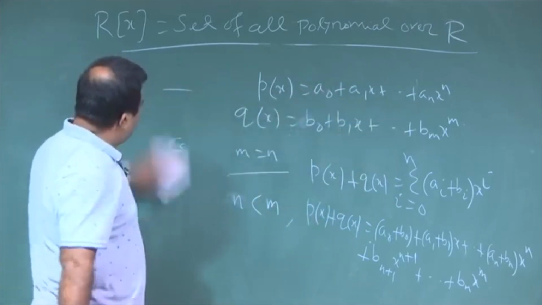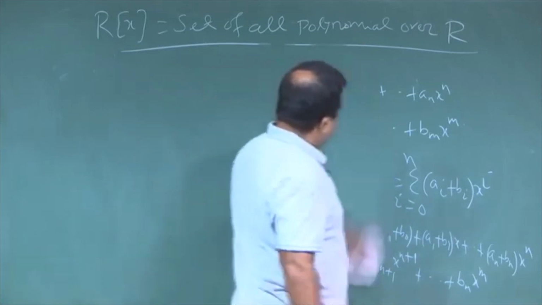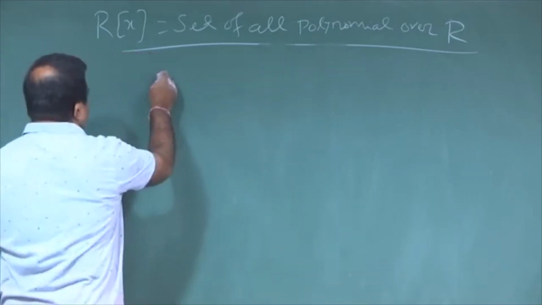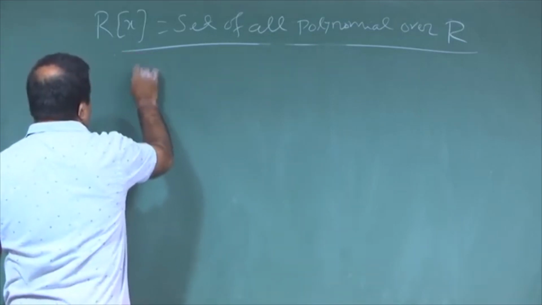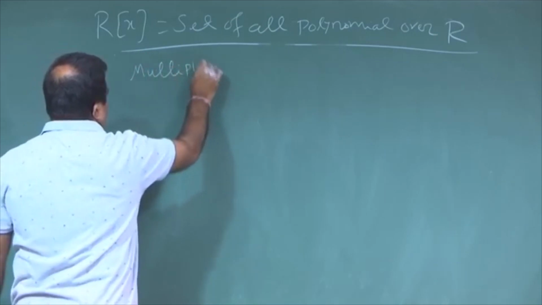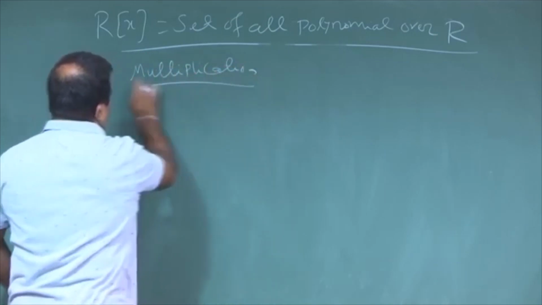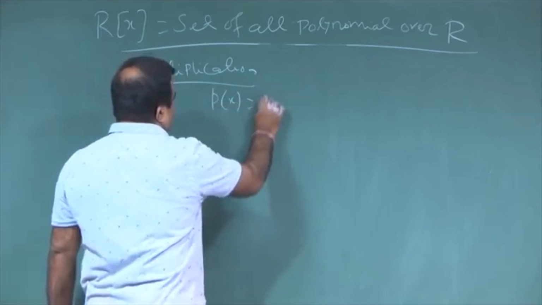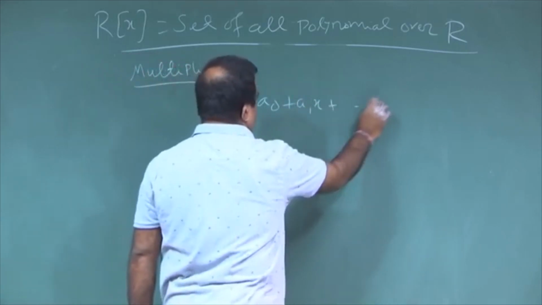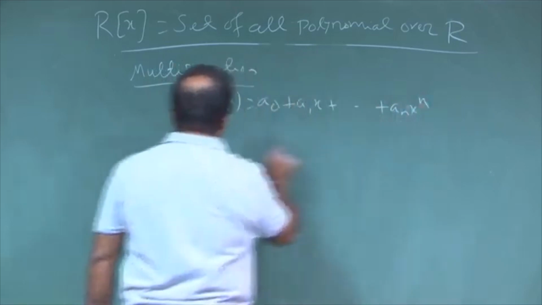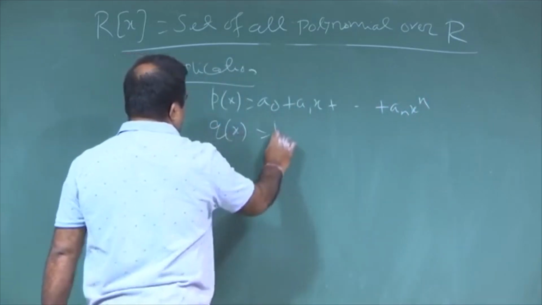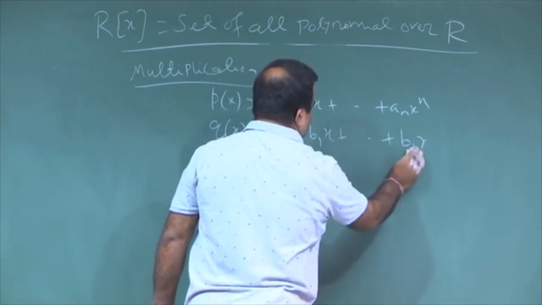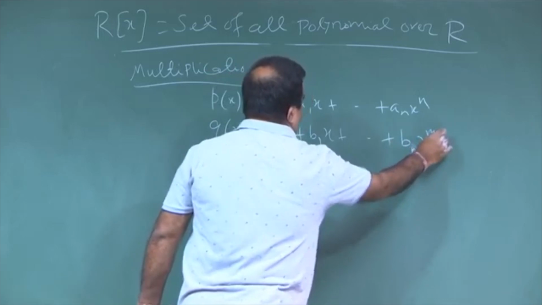Now, similarly we can define multiplication between two polynomials. We have two polynomials: p x, a 0 plus a 1 x up to a n x to the power n, and q x, b 0 plus b 1 x up to b m x to the power m.